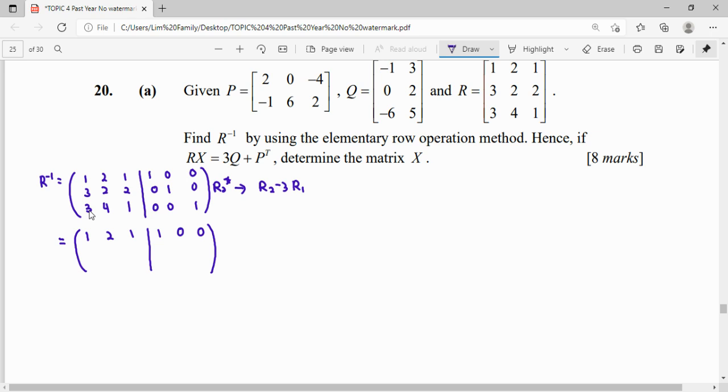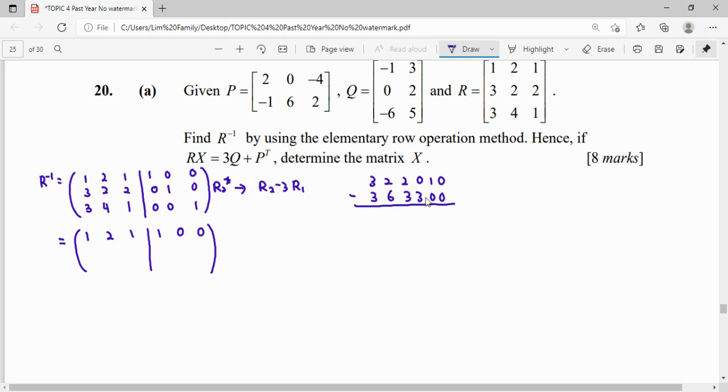So for the entire row 2, minus 3 times row 1. This is our row 1. After times 3, we'll be getting this answer.